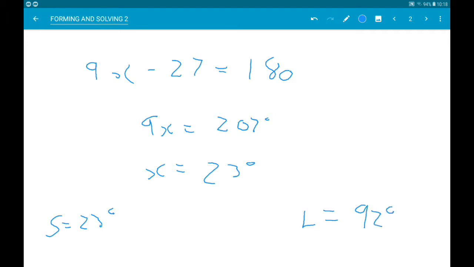And then we know the middle angle is 92 minus 27, which is 65 degrees.